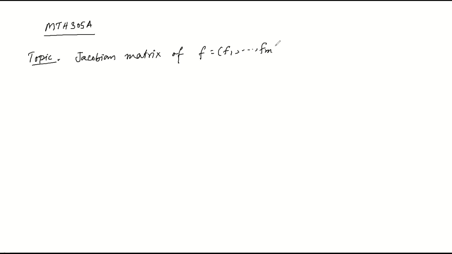So m many components are there. So this is from Rn to naturally Rm. So basically we find the Jacobian matrix of this function f from Rn to Rm in terms of its component functions.